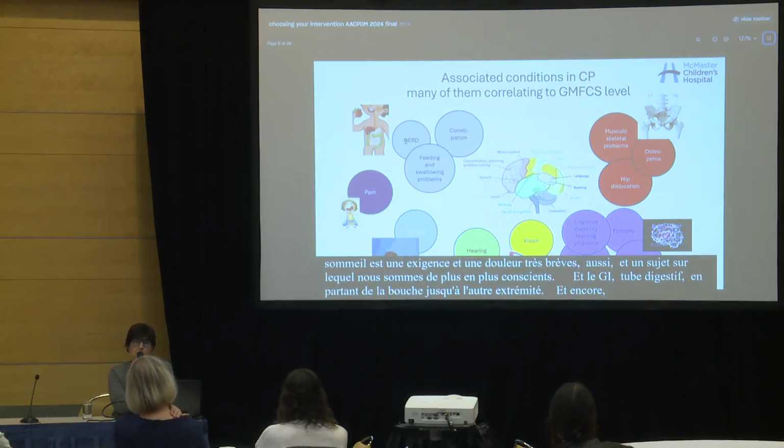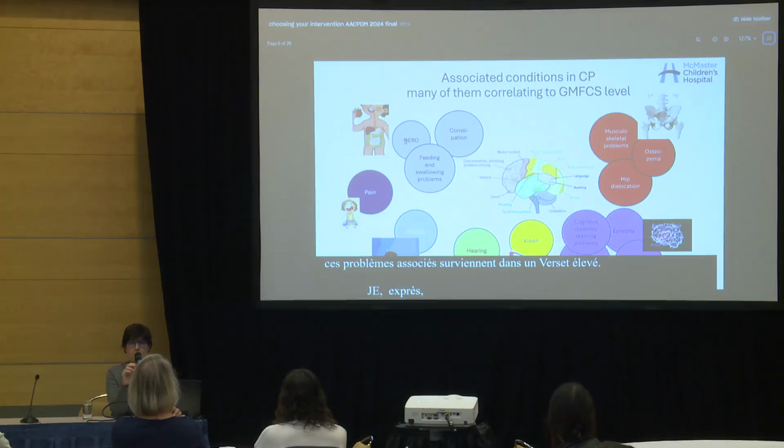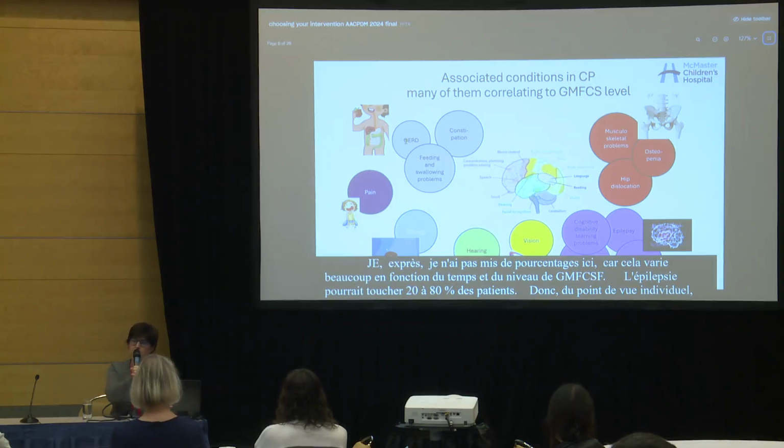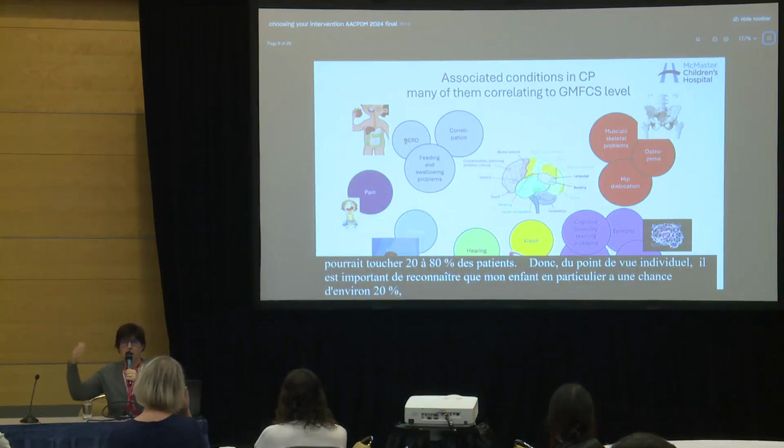I on purpose did not put the percentages in here because it varies a lot by type and GMFCS level. So epilepsy, for example, could be 20 to 80%. So for the individual, it is important to recognize my specific child has a chance of maybe 20%, or if you have a certain lesion, I can tell them, sorry, your child is more likely to be on the side of 50 to 80%.